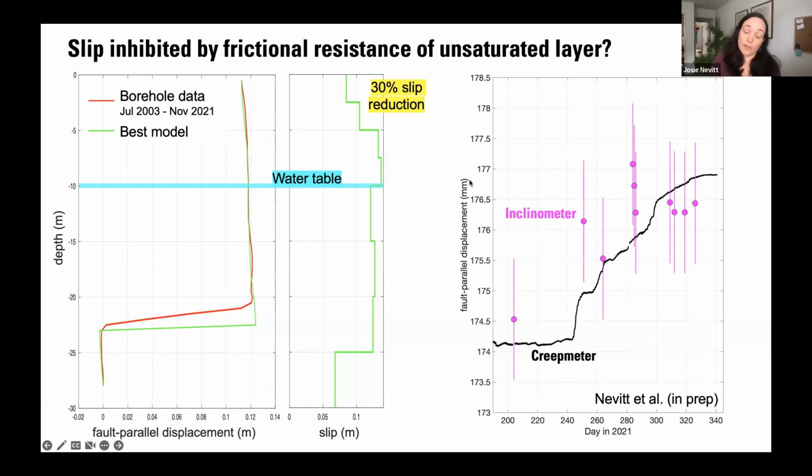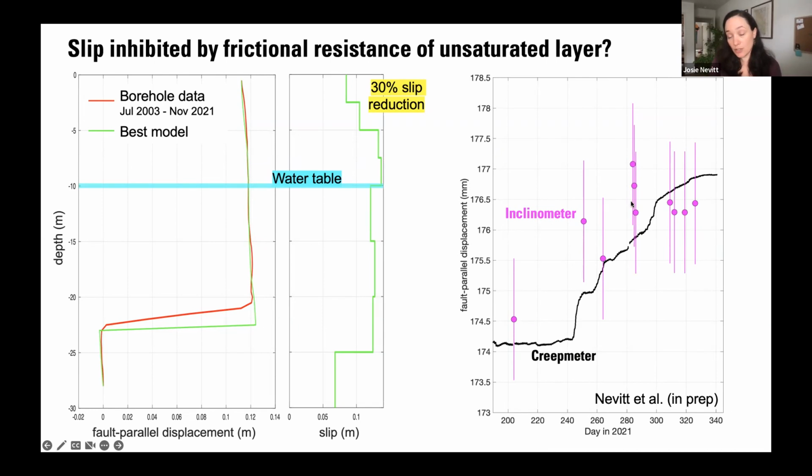We're also looking at how the slip distribution evolves through time during this creep event. So this is showing now fault parallel displacement on the y-axis versus time. And what's really interesting here is that the inclinometer measurements record a peak displacement at depth prior to the creep meter.